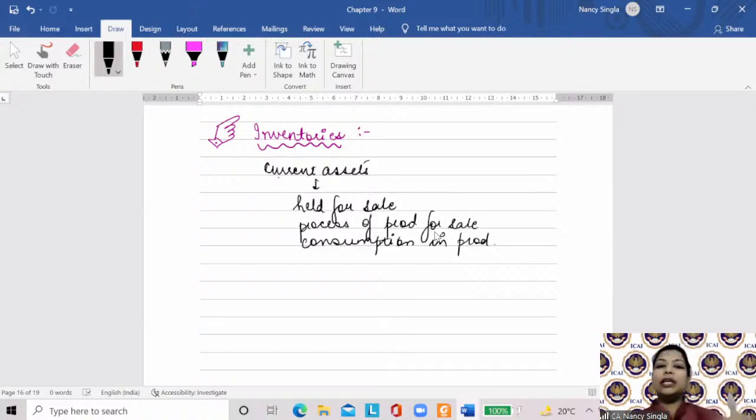So inventories can be of finished goods, work in progress, or raw material. And AS 2 says that the valuation of the inventory should be at lower of cost or net realizable value. And this policy should be applied consistently. And if there is any change, then the same should be disclosed in the financial statement.